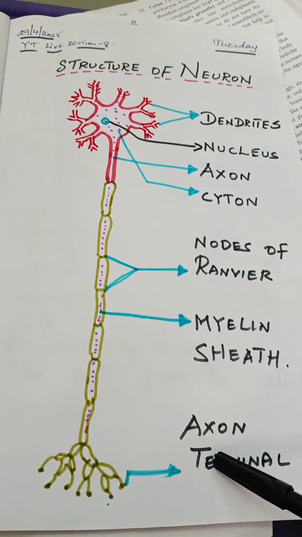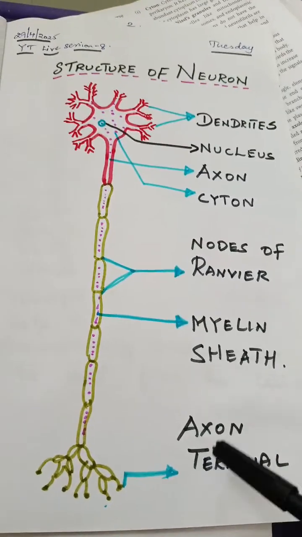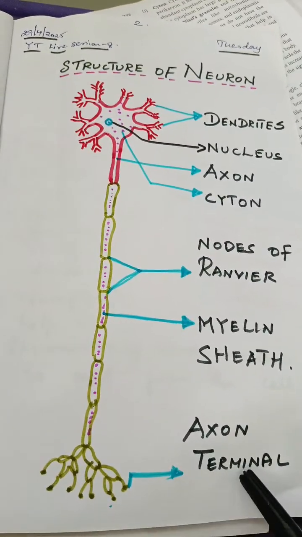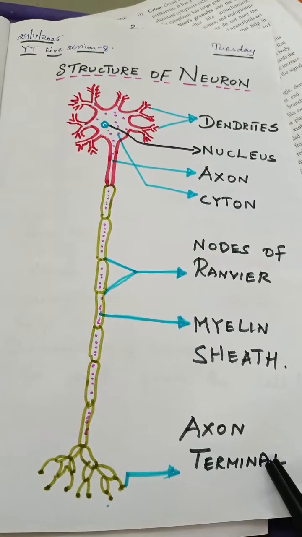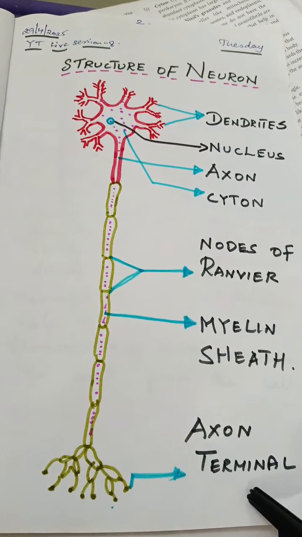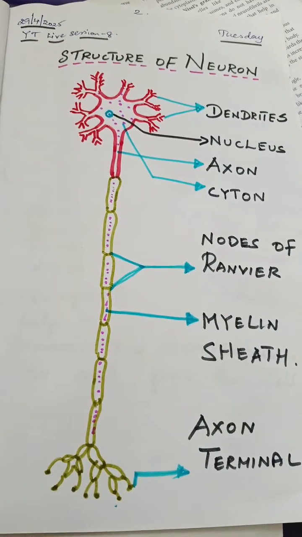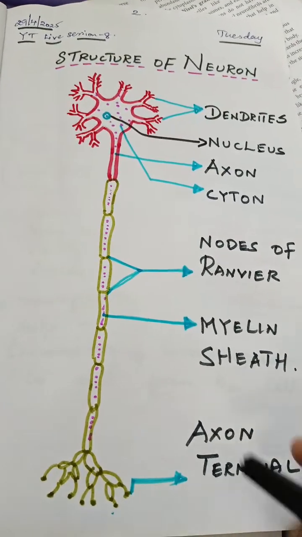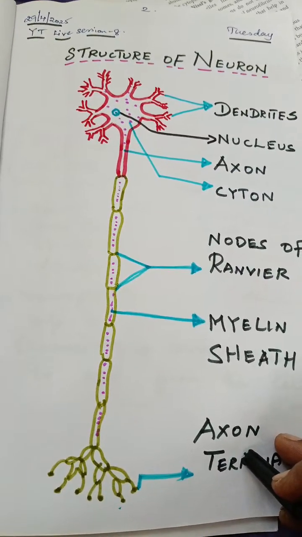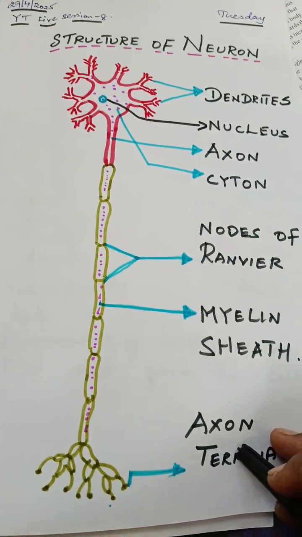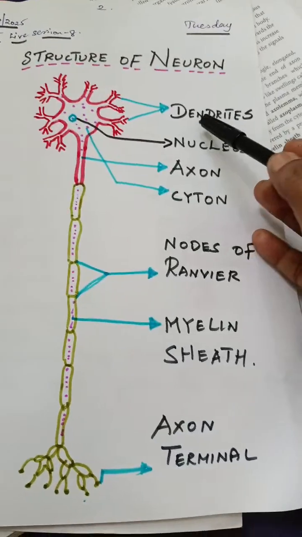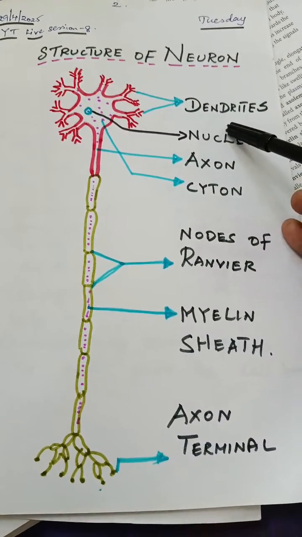Apart from the blood and other transport systems, we need the nerves also to transmit the signals. How are the signals transmitted from the environment to the living organisms? This is mainly due to the nerves or the neurons. So this is the basic structure of the neuron. Understood?